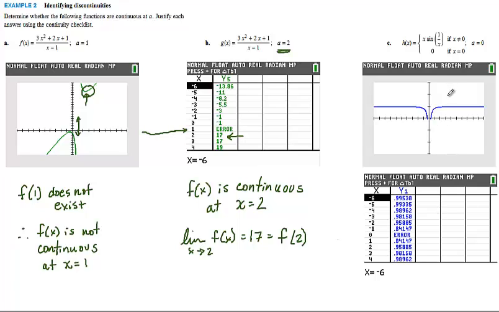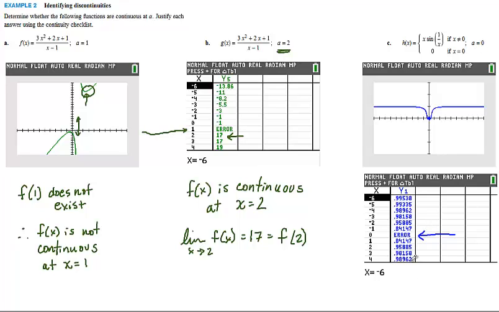This next function is defined in two pieces. It's defined as x sine of 1 over x, which I have graphed. I can see that for that function, x equals 0 is not defined, but they defined it in two pieces. They said, look at all of it except where x equals 0, and when x equals 0, fill in that dot, fill in that hole, if you will. So there was a hole there, but it has now been filled in by this piecewise defined function.